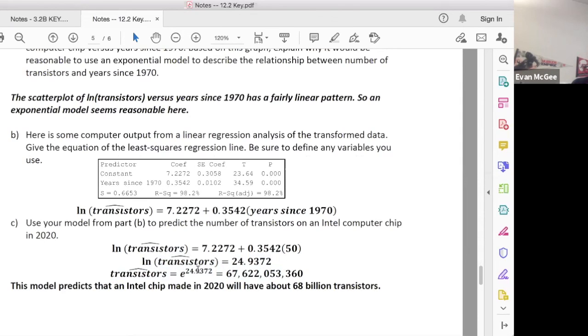And so that's why they have this value written like this. And e is a number on your calculator. If you hit second ln, that'll give you e as the base. So this model predicts that an Intel chip will be made with about 68 billion transistors.